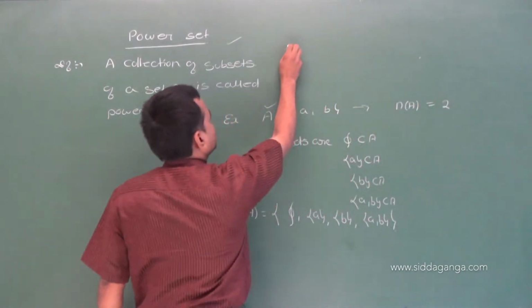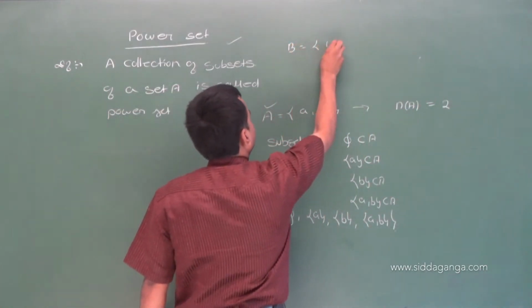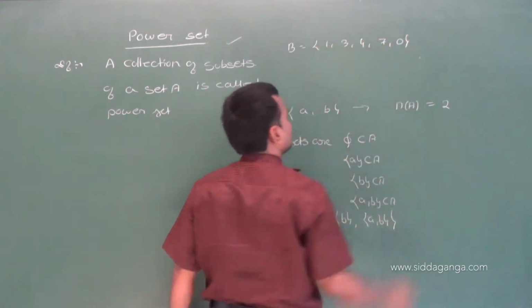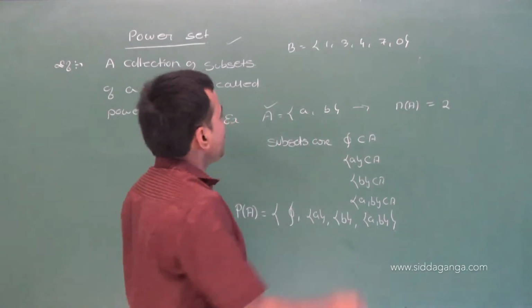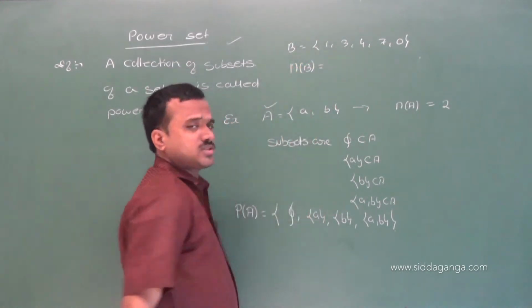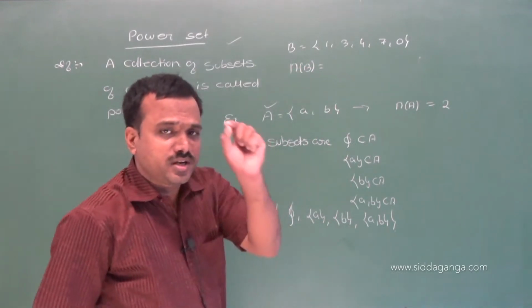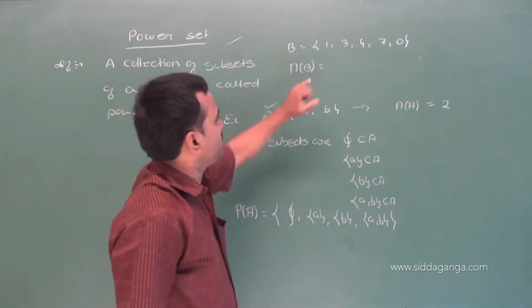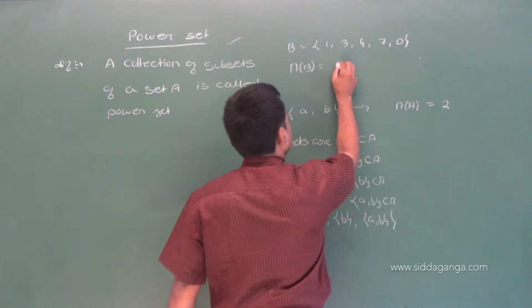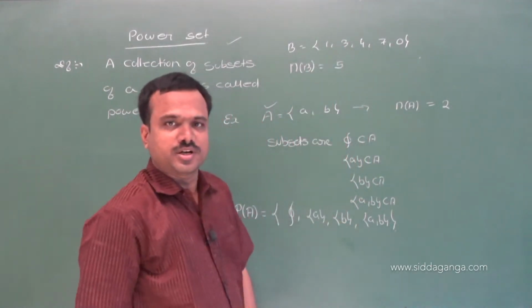Suppose I write one more set, B is equal to 1, 3, 4, 7, 0. Okay now? So n of B. n of B means the number of elements in the B set. Number of elements, what are those? 1, 2, 3, 4, 5. n of B is 5. Understand?